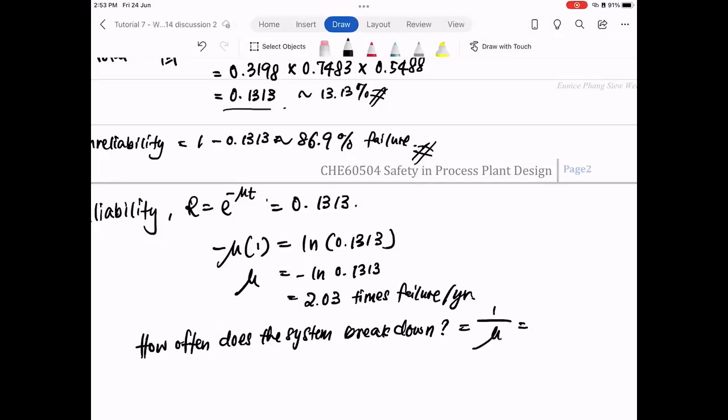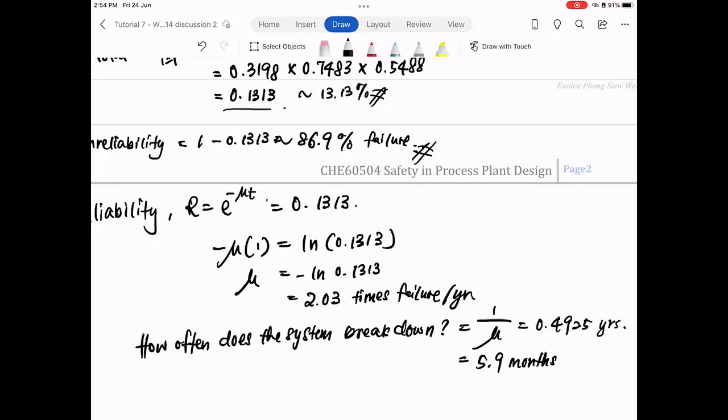So in this case it will be 0.4925 years. So if we times 12, it's almost every 5.9 months that it breaks down.